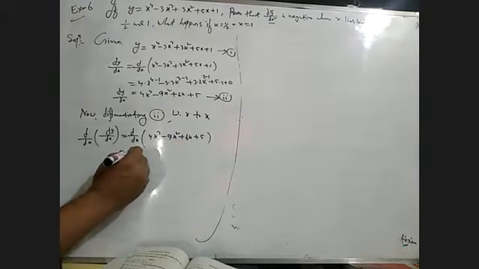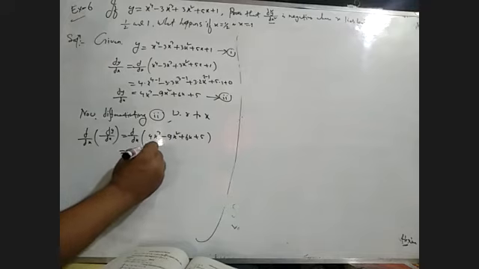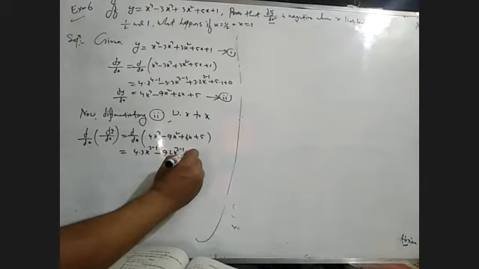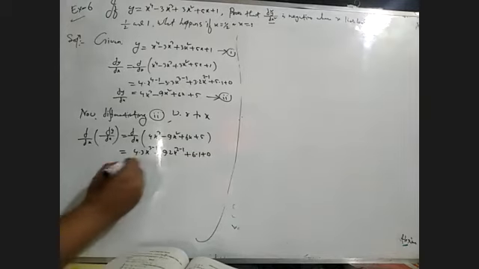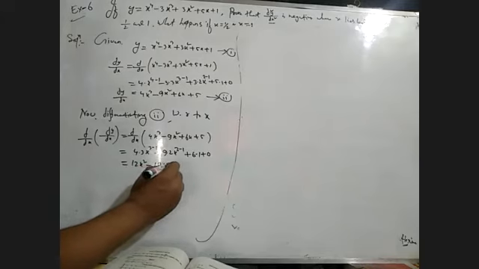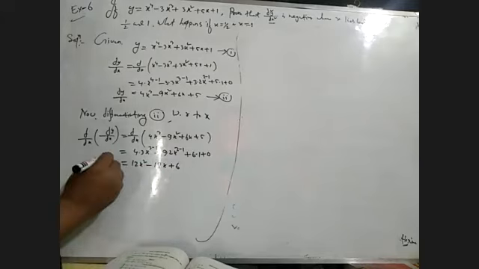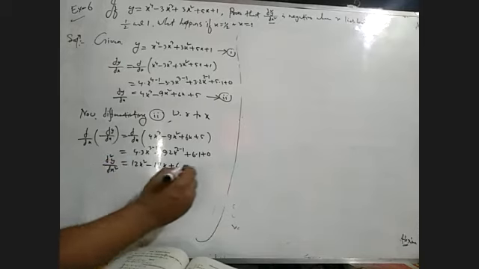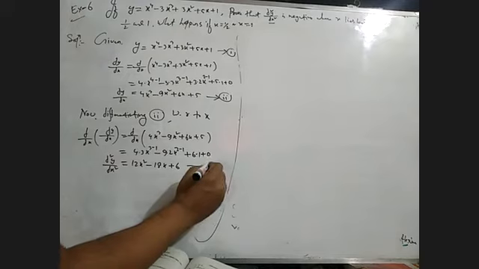That means 4 into 3x to the power 3 minus 1, minus 9 into 2x to the power 2 minus 1, plus 6 into 1 plus 0. That gives 12x squared minus 18x plus 6. That means the second derivative is this, equation number 3.